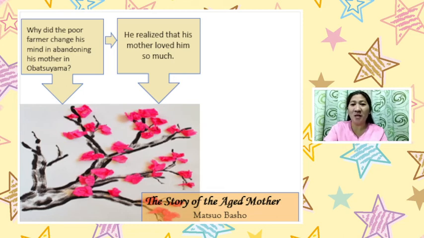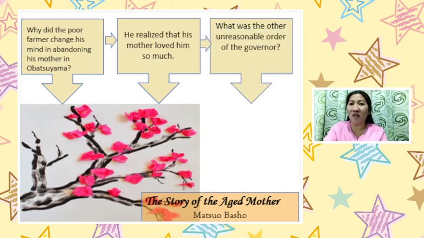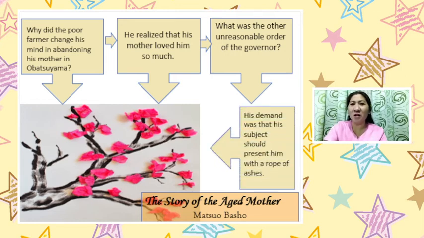The question now is, what was the other unreasonable order of the governor? His demand was that his subjects should present him with a rope of ashes. The entire province trembled with dread until the aged mother thought of the answer on how to do it.